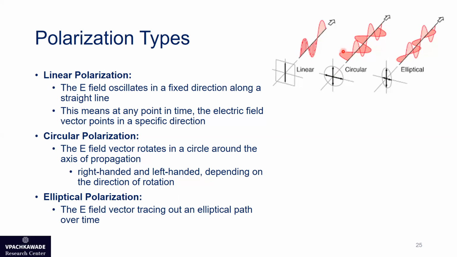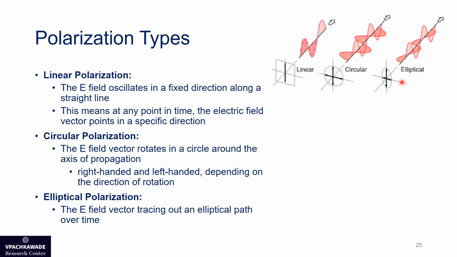It can rotate in a right-handed direction or in a left-handed direction. Depending on the direction of rotation, it is called right-handed circular polarization or left-handed circular polarization. Right-handed means it is rotating clockwise, and left-handed means it is rotating anti-clockwise.